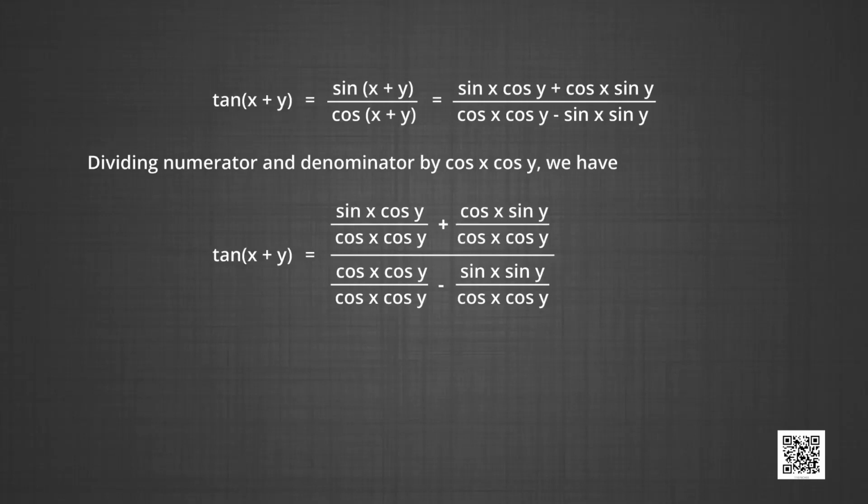In the denominator, cos x cos y is divided by cos x cos y minus sin x sin y divided by cos x into cos y. On simplification, we get the identity tan of x plus y is equal to tan x plus tan y upon 1 minus tan x into tan y.